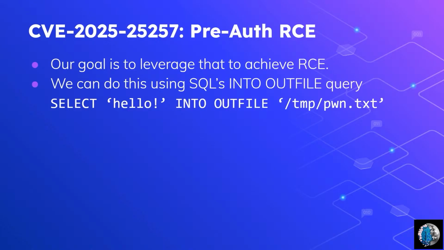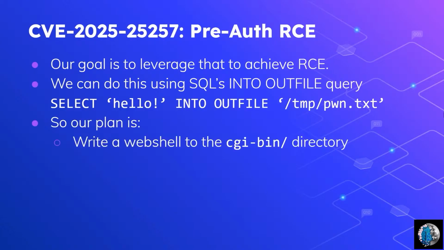For those of you who are not familiar with SQL, it has a special statement called INTO OUTFILE that you can use to write files. For example, in this query, you can see SELECT hello INTO OUTFILE, and this will trigger a file write with the contents of hello. So our plan is to write a web shell to the CGI bin directory and profit, right? What could go wrong?